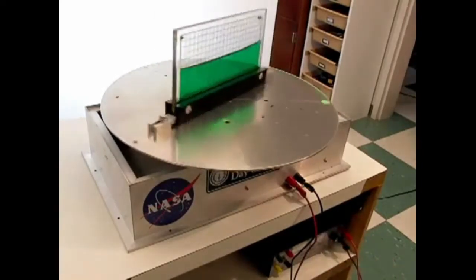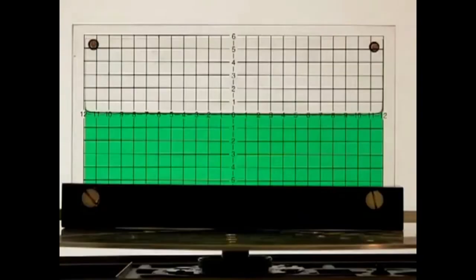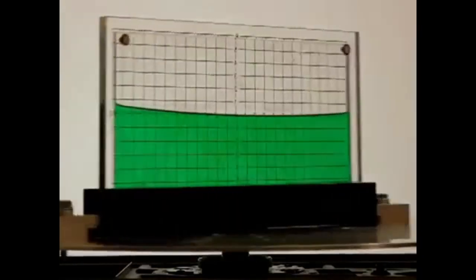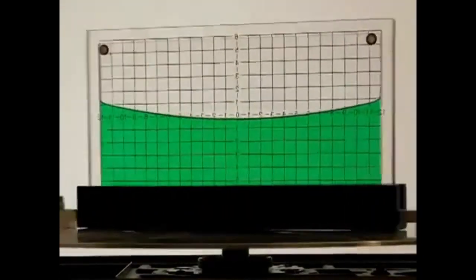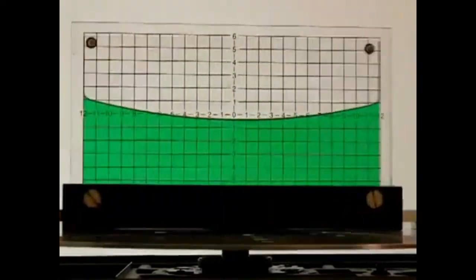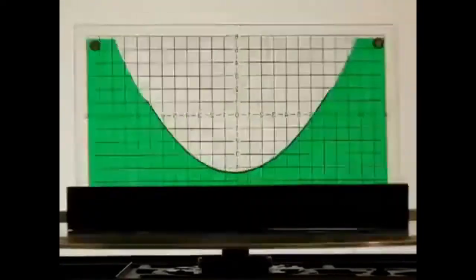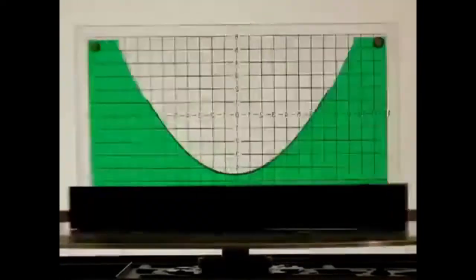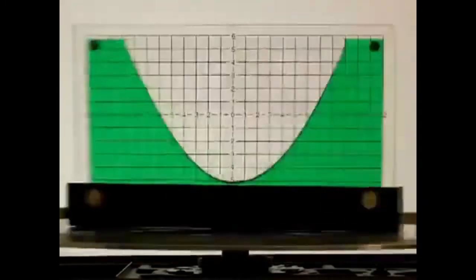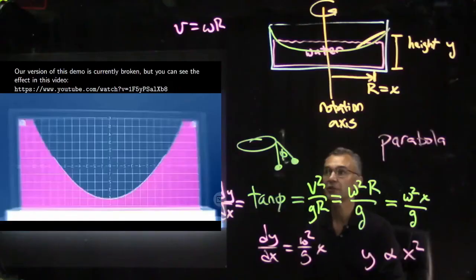What shape is that? And why does the water surface take that shape? See if you can figure it out. You can also watch my follow-up videos for both conceptual and mathematical explanations. And you do see, in fact, a parabolic shape of the water surface.